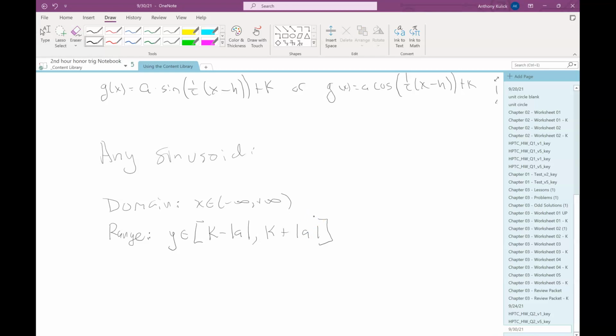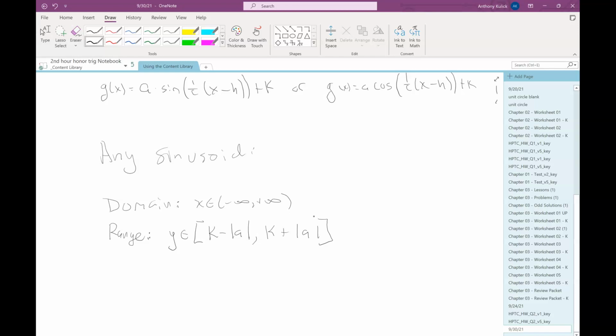Before it was -1 to +1, but after a transformation, we'll multiply that y coordinate by A and add K to it. Everybody's okay with that idea? So the minimum from -1 now becomes -A, and then we add the K to it.